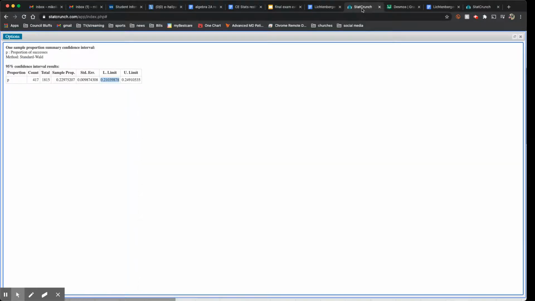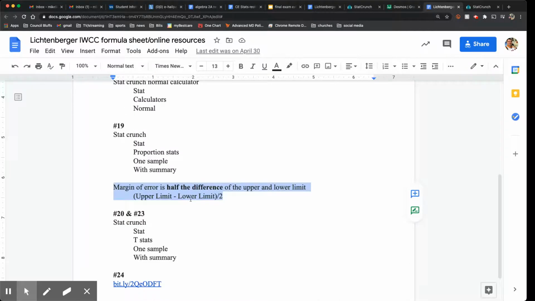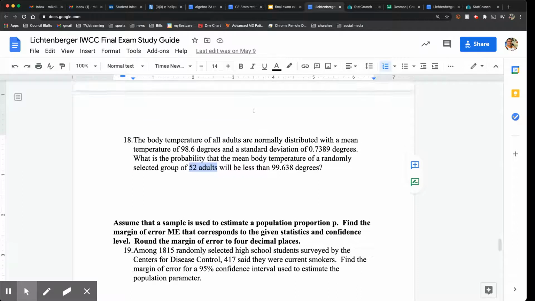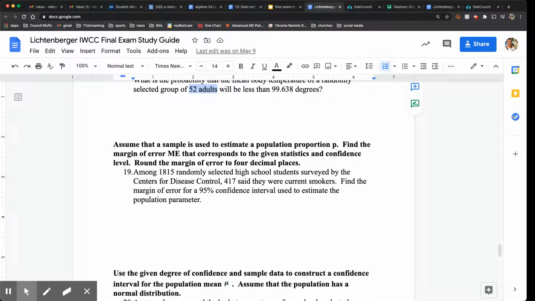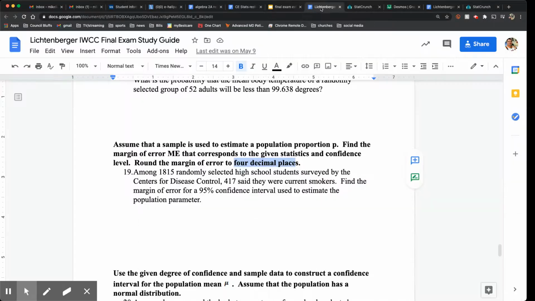And the answer is the margin of error. So it says to round the margin of error to 4 decimal places. So if we do that, our answer is going to be 0.0194. So again, the answer to number 19 is 0.0194.